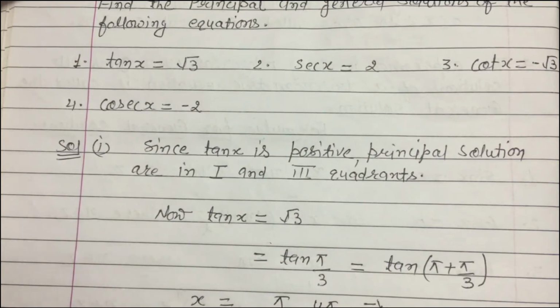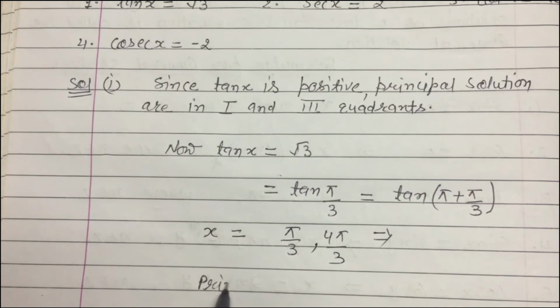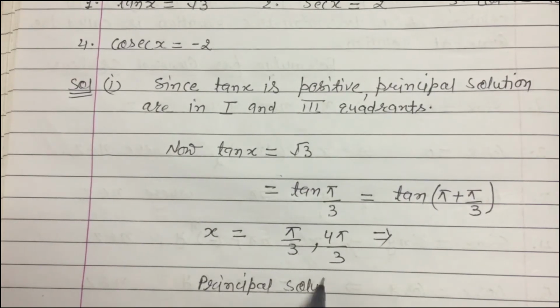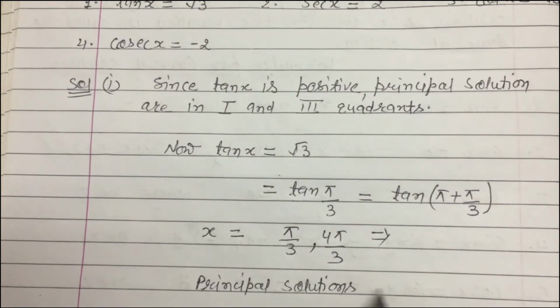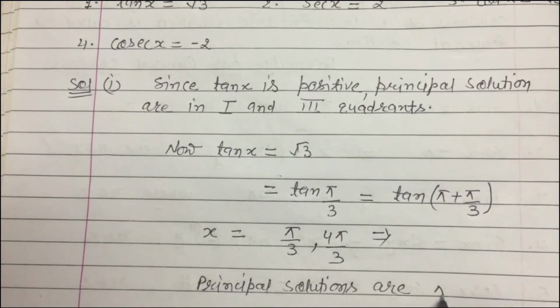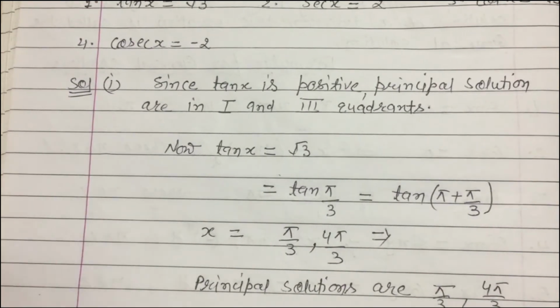So you can write: principal solutions are pi by 3 and 4 pi by 3.